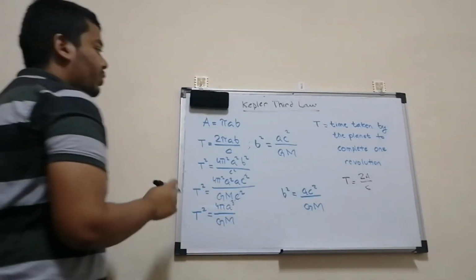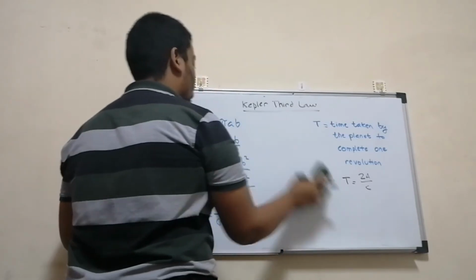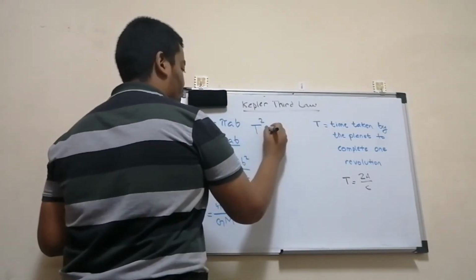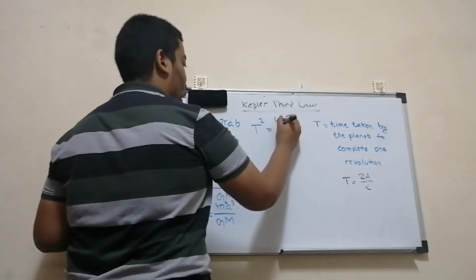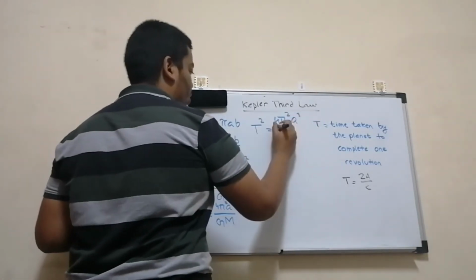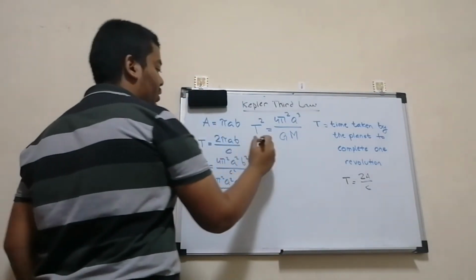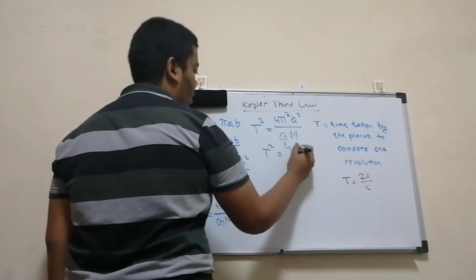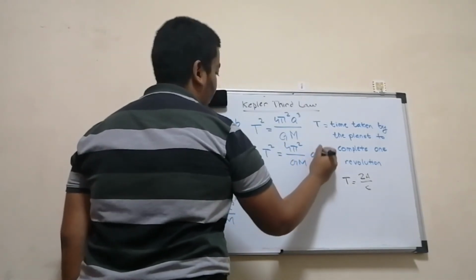Okay, so let me write this down here. T squared is equal to 4 pi squared a cubed over GM. We can simply write this further as T squared is equal to 4 pi squared over GM into a cubed.